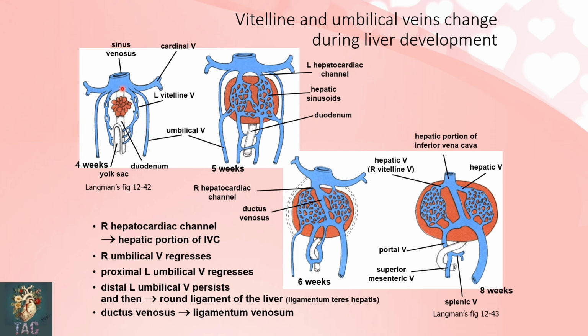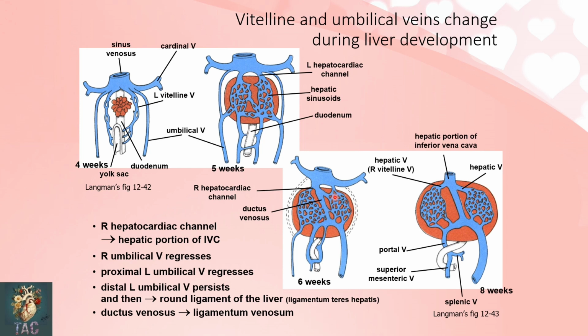Also look at this diagram. You can see the developing liver cords forming in the septum transversum, and when these cords grow, they disrupt the passage of the vitelline veins, and then they form the sinusoids in the liver. So the sinusoids are also formed by the vitelline veins. Similarly, the vitelline veins form anastomotic channels around the duodenum.